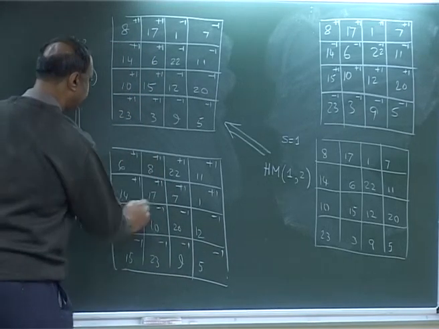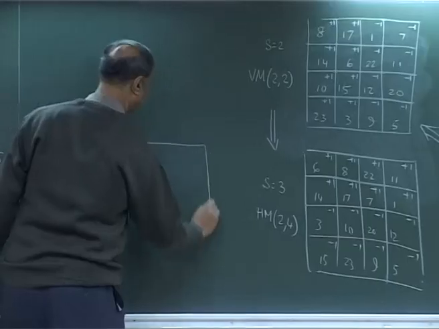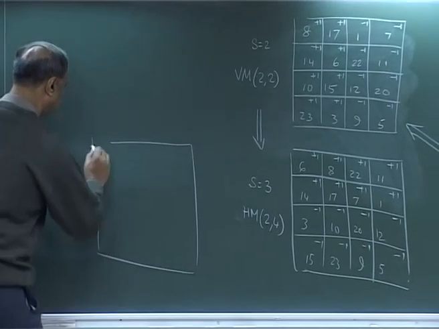You observe that this is increasing order, this is decreasing order. So, you can do the bitonic merge, horizontal merge.